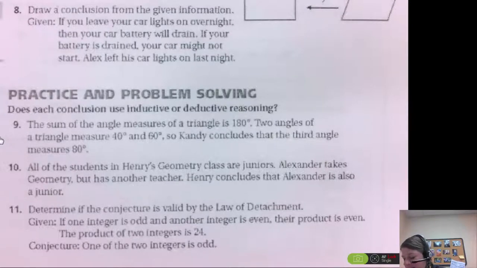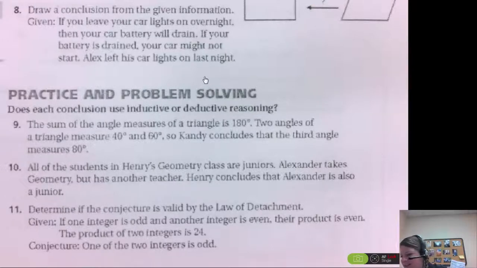All the students in Henry's class are juniors, but this one's in a different class. So it's kind of a pattern that all the students in there are juniors. From that pattern of everyone being juniors, you can conclude that this other guy, Alexander, is also a junior. There really wasn't a fact. It's kind of a pattern that they are all juniors.